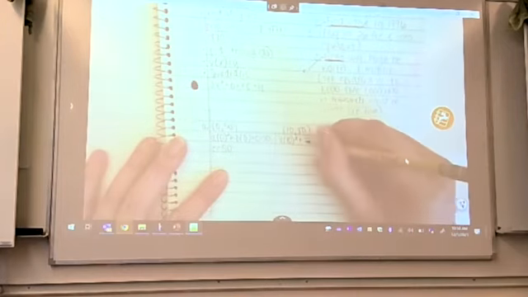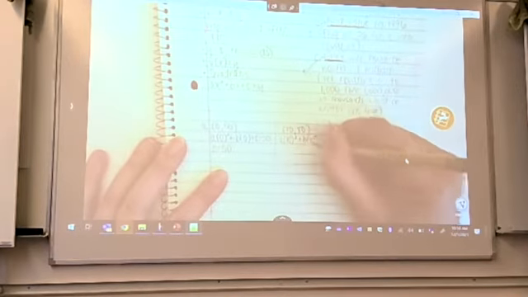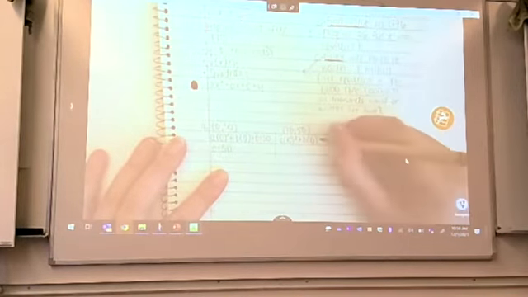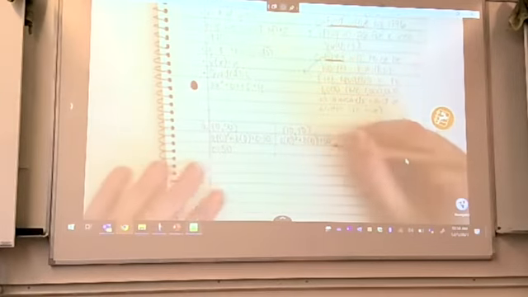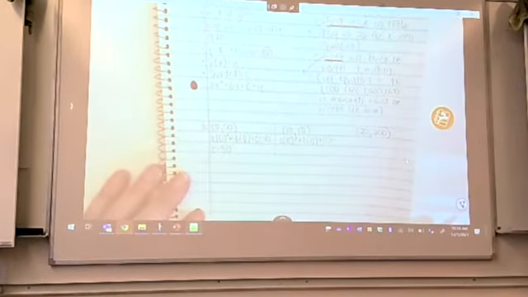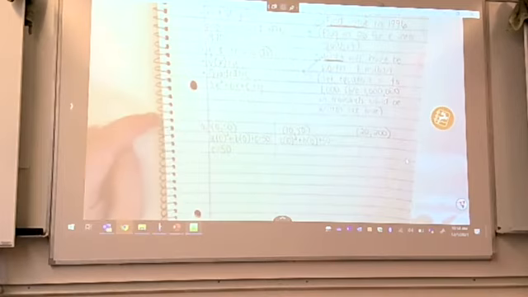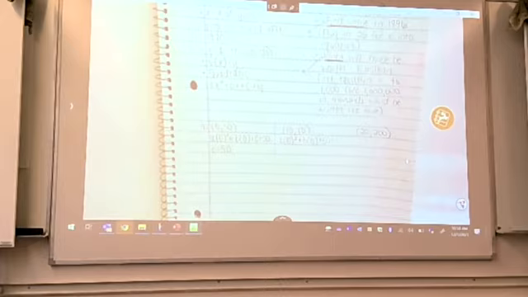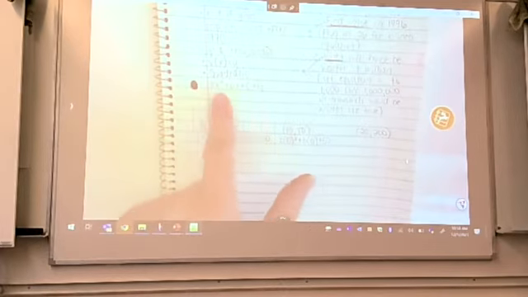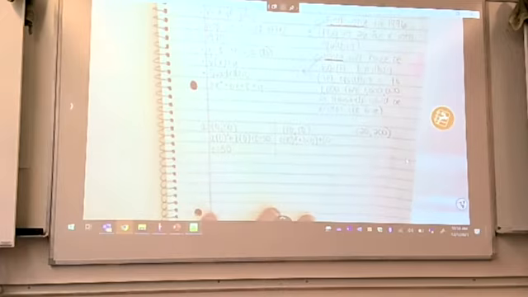Plus B times 10 plus 50, because we know what C is now. A and B always equal X? No, A and B do not equal the X coordinate. I mean, they're always connected. A is always connected to X squared, B is always connected to X. It always takes this form for a quadratic. Okay, what does it all equal? 80.